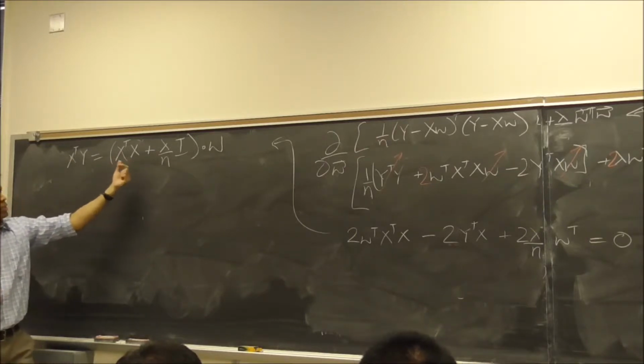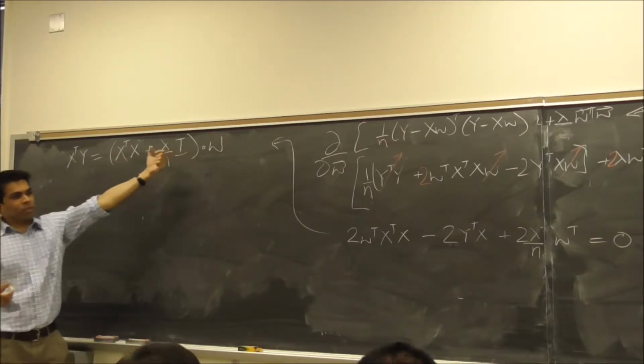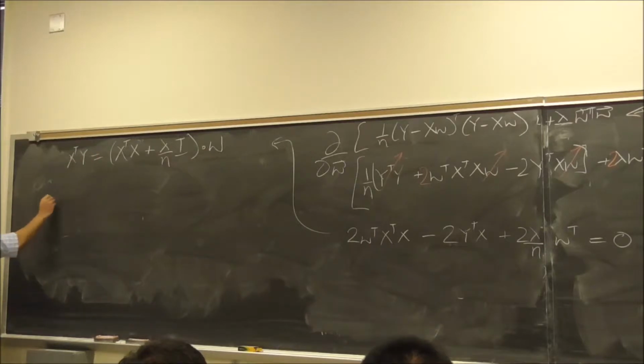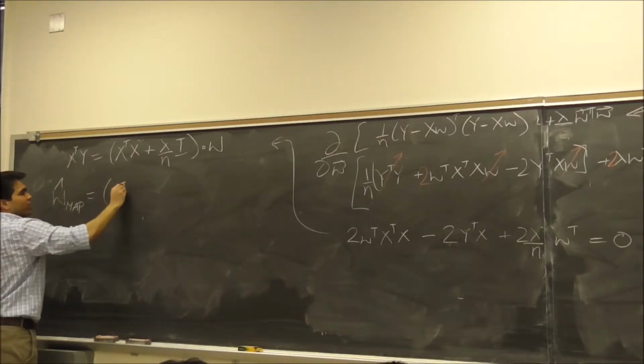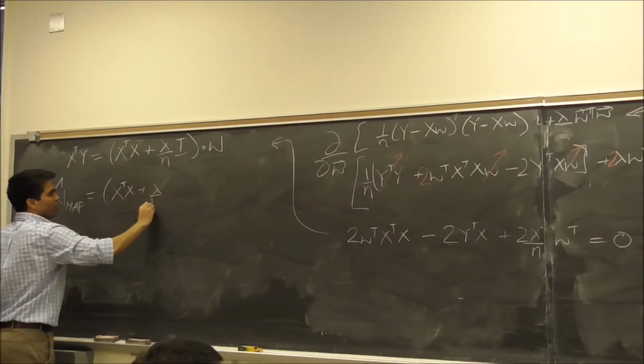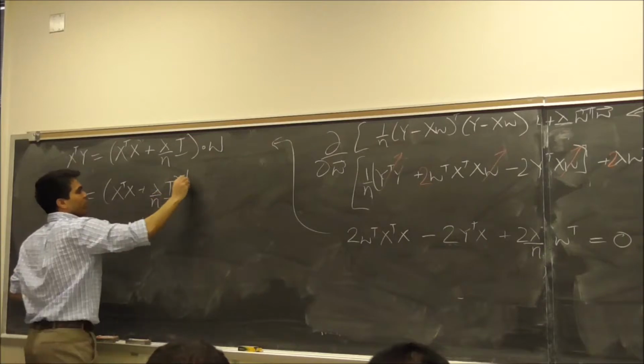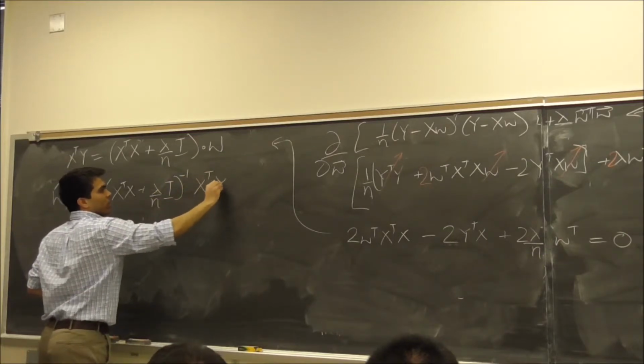This is a matrix, this is a matrix, those two are added together to multiply into this vector. And so what I get is W hat MAP is equal to x transpose x plus lambda by n identity, inverse, times x transpose y.